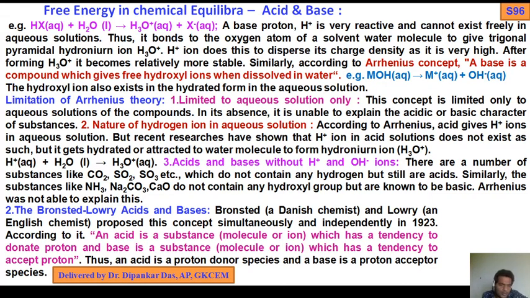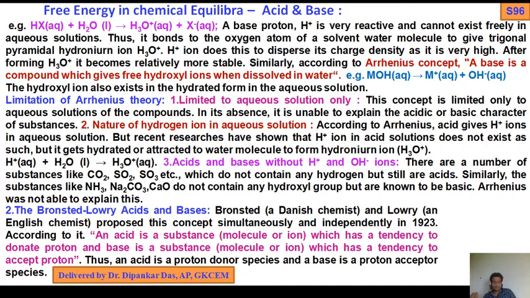According to Bronsted, he defined acid as a proton donor, and a base is a substance which has a tendency to accept a proton. So that is the acid and base with respect to the Bronsted-Lowry concept.